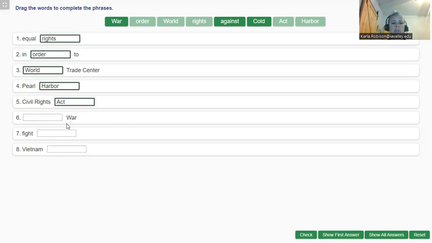So we have blank war. I only have war, against, and cold. This would be the Cold War. That's the argument between Russia and the United States, where we gave each other the cold shoulder, made threats, and acted like we were going to go to war with each other. It was not a fun time. Fight against someone.